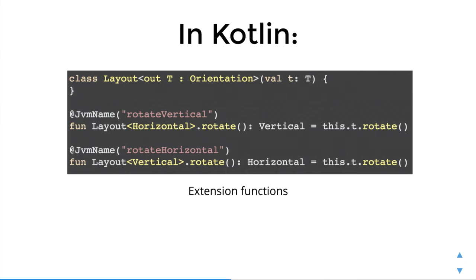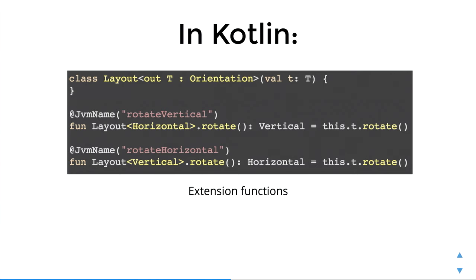In Java, the signature would be the same, and we would not be able to put this inside the class. But in Kotlin, what we can do is define this on a generic class of a concrete type. So this rotate that returns vertical will only be available on a layout of type horizontal.